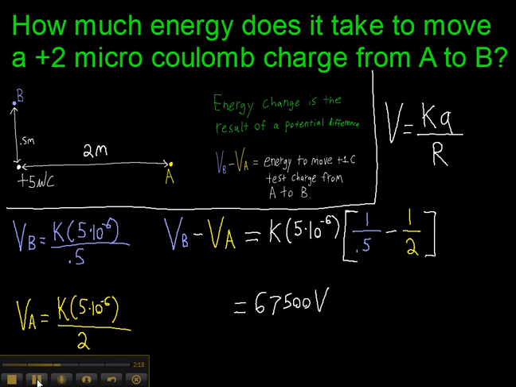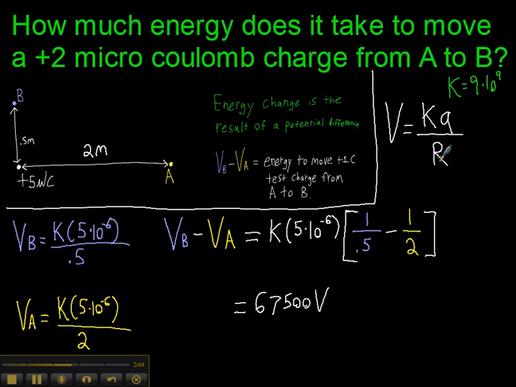We're calculating the voltage at location B and location A so that we can just find how much the voltage changes. And the equation to calculate voltage is just KQ over R, where K is 9 times 10 to the 9. It's just a number that you got to know. It's just a constant. Q is the value of the charge that's creating that voltage, and R is how far you are away.